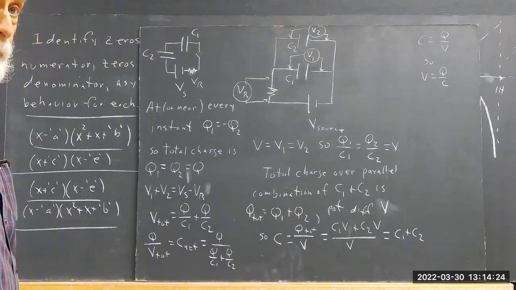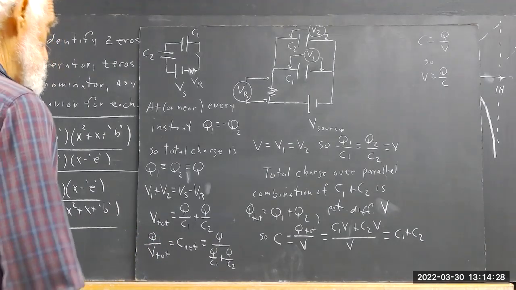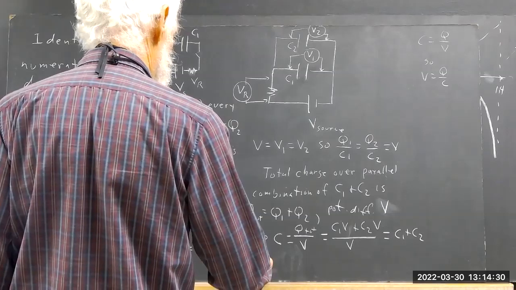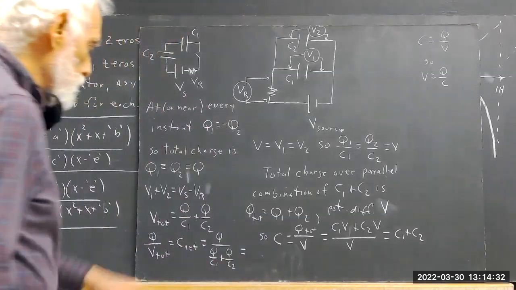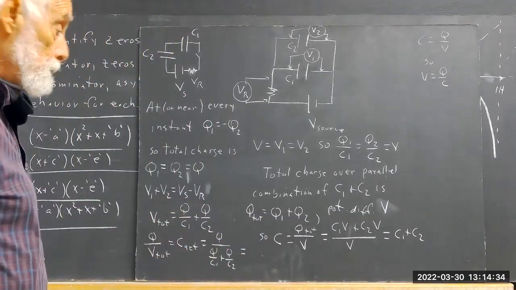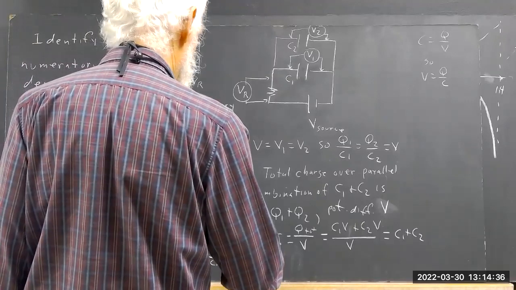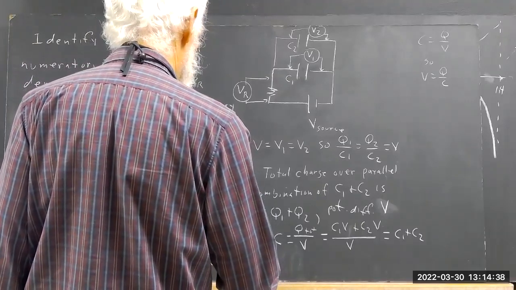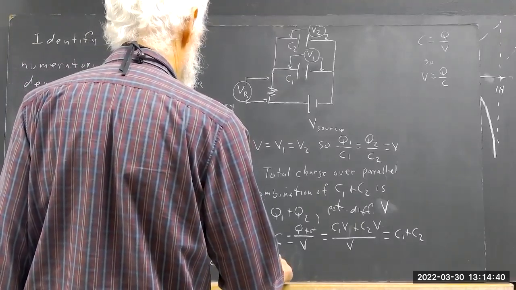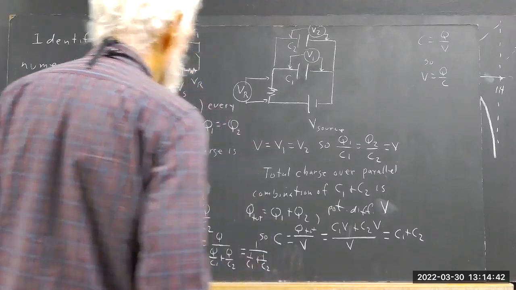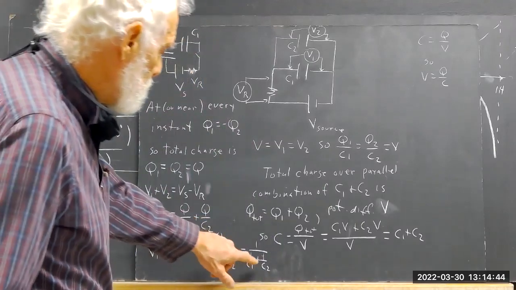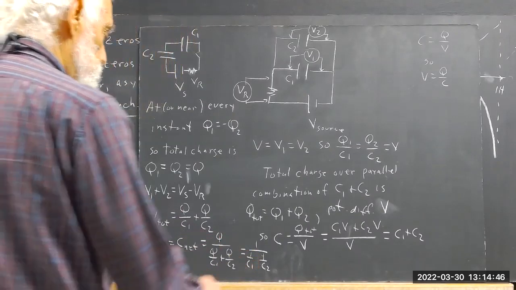You divide out the Q. This just comes out 1 over C1 plus 1 over C2.